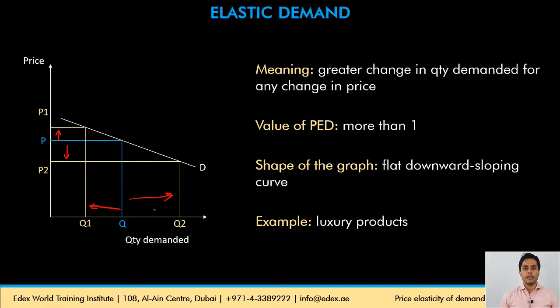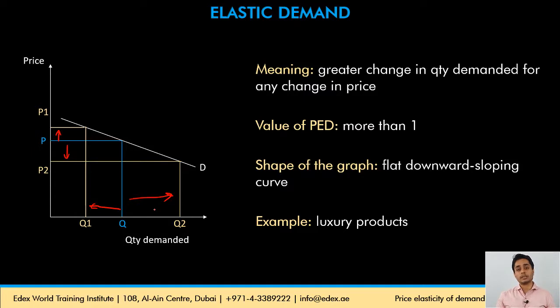Meaning of elastic demand: there's a greater percentage change in quantity demanded for any change in price. The value of PED is more than 1. I hope you get the logic now. We use the formula to determine the value. Since the numerator would be greater than the denominator, the value of PED has to be more than 1. The shape of the graph is a relatively flatter downward sloping curve.